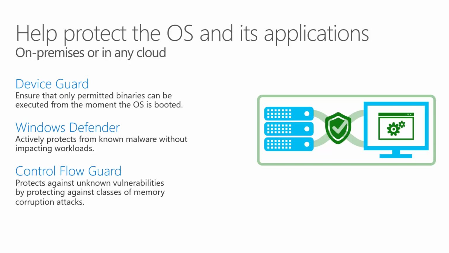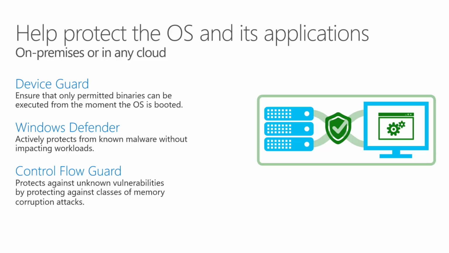So we've got a variety of technologies here. First up, we've got Device Guard, so that we can make sure that only permitted executables can run. So we're effectively starting to provide a more comprehensive whitelist type approach. We've got Windows Defender, which, it's not compulsory that you have to run Defender, but at least knowing that with a new Windows Server installation, you've got some kind of anti-malware solution installed out of the box, and it gives you capabilities such as early load anti-malware detection, for example.